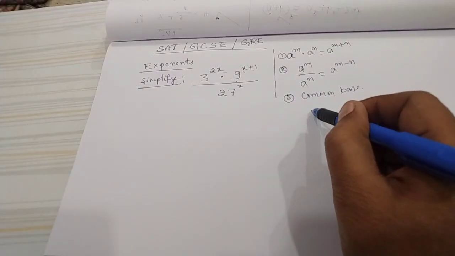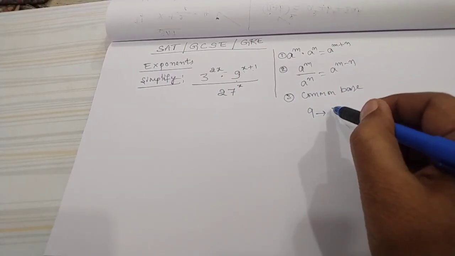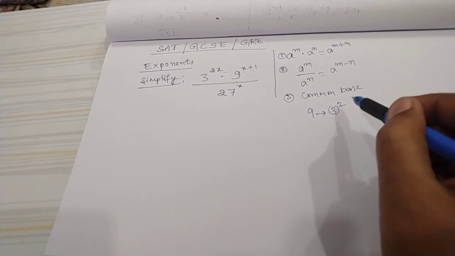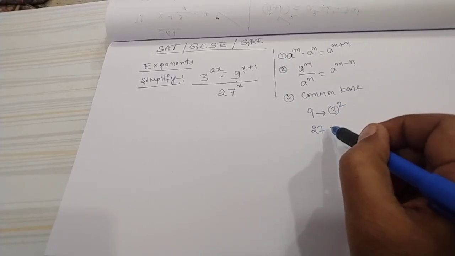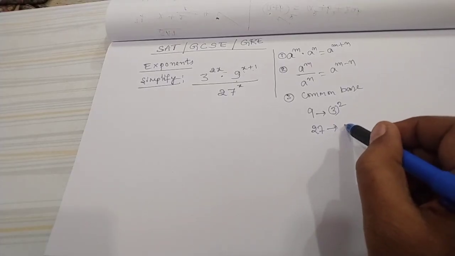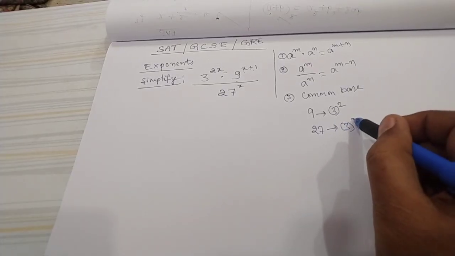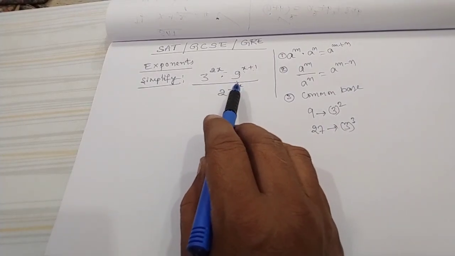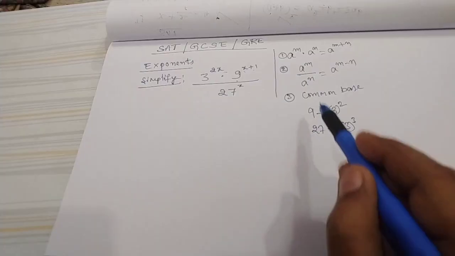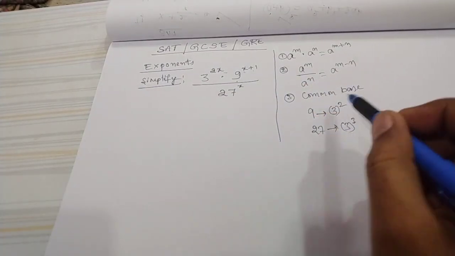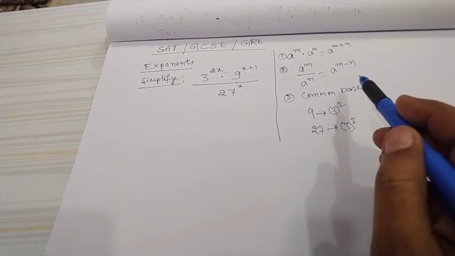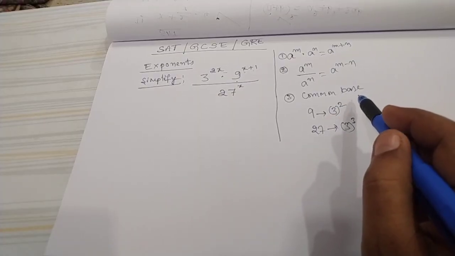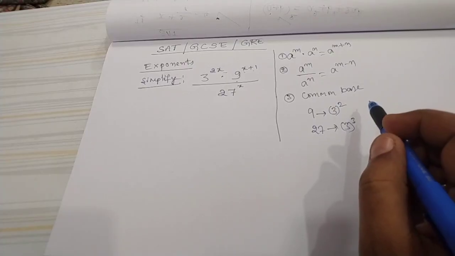I can write 9 as 3 square, and similarly 27 in terms of 3 is 3 cube. So I changed all the numbers to the same base, 3. If you have these strategies, knowing the exponent formulas, changing to a common base and simplifying, you are ready to solve this problem.